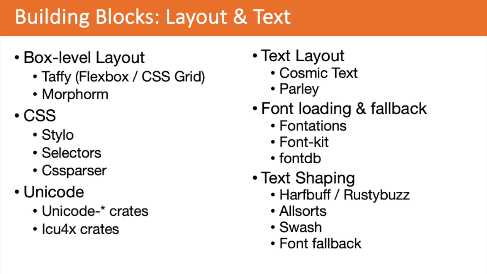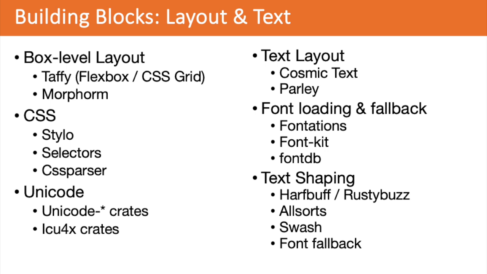There's also a bunch of CSS stuff that comes from the Servo project. Now, you don't necessarily need anything like CSS to do UI. You can just do it code-based. But I think it's quite cool that we have this support in Rust.